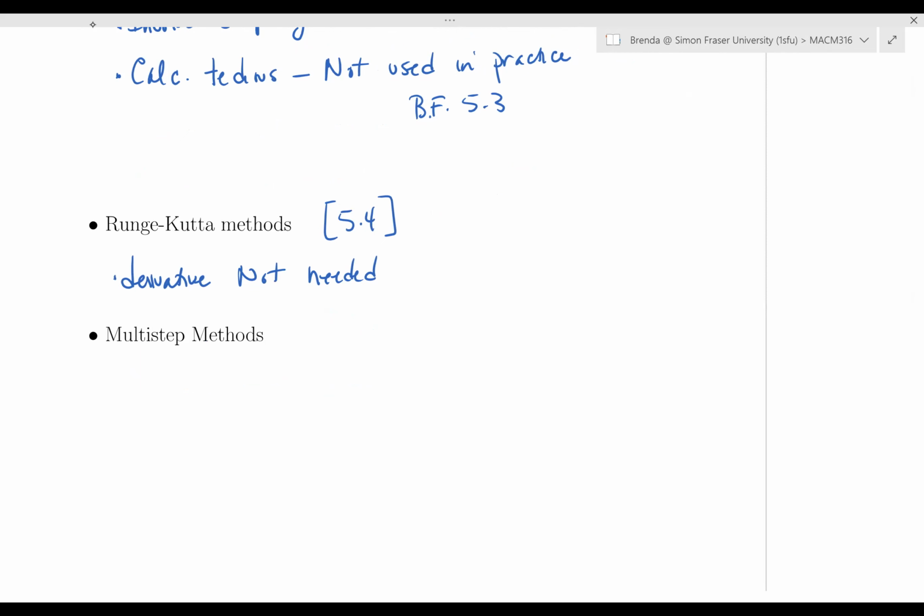and then we're also going to have the idea of a multi-step method. So let's get the vocabulary here.